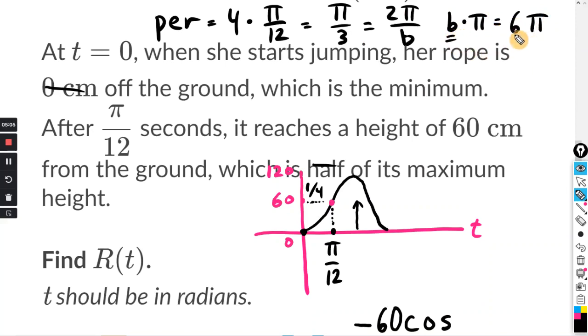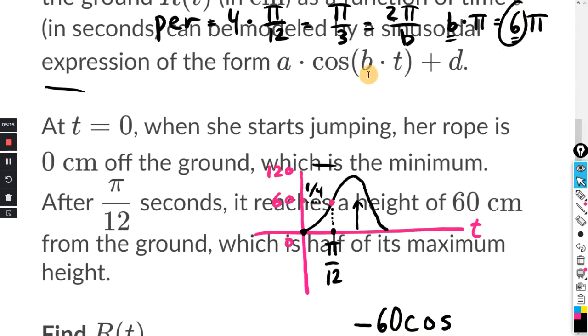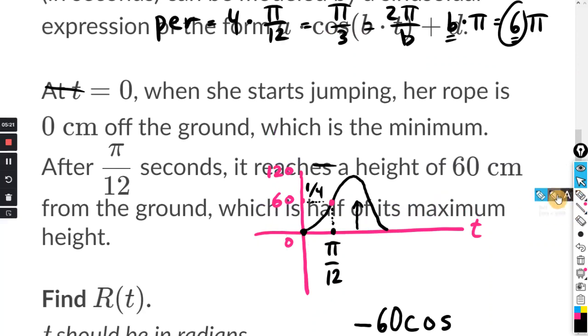So clearly b equals 6. They're both times pi. So b equals 6. So in the equation, for the b, we're going to put 6. We're going to put cosine of 6t.